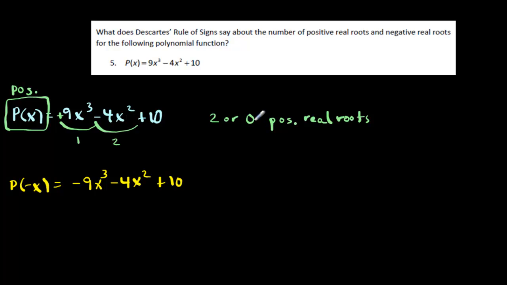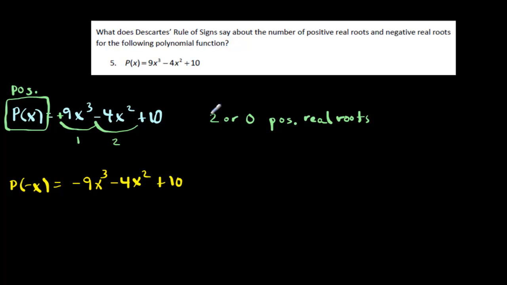And why is it 0? Why isn't it 2? Because there's 2 sign changes. Well, Descartes' rule of signs says that it's either equal to the number of sign changes or less than that by an even number. So if you take something less than 2 by an even number, it's either going to be 2 or what's the smallest even number? 2.